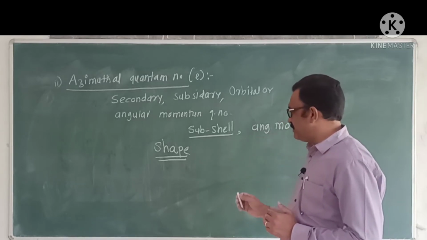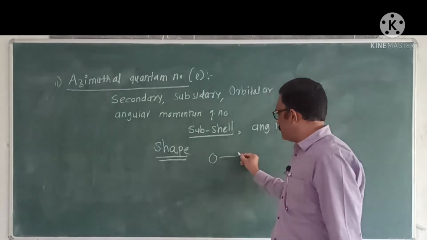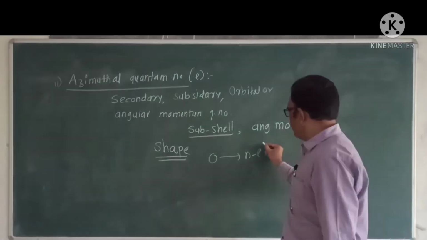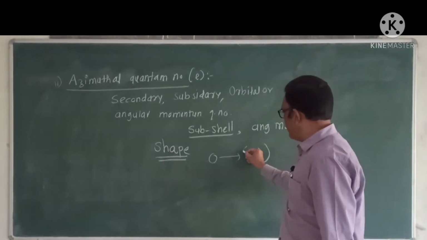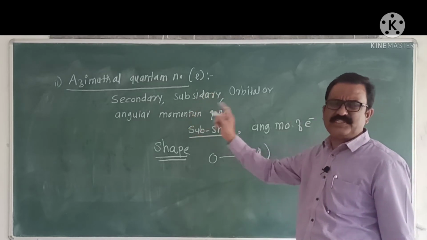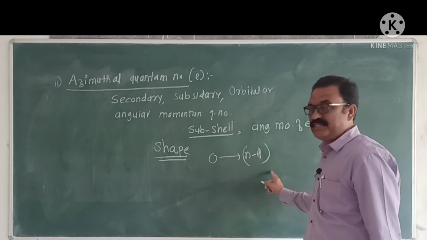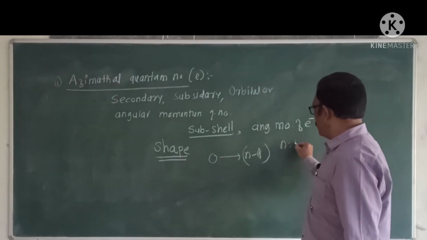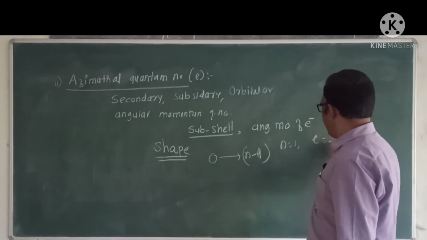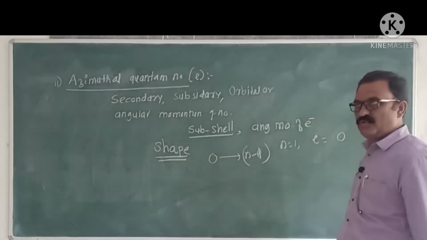As the name suggests, it also gives information regarding the subshell present in a shell or main energy level. This azimuthal quantum number has values from 0 to n minus 1. That is, its value depends upon the value of the principal quantum number. When n is equal to 1, l has only one value, which is 0.